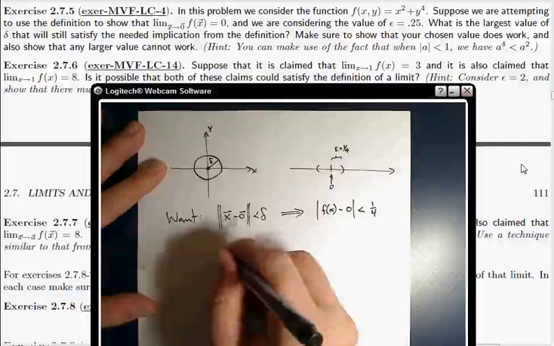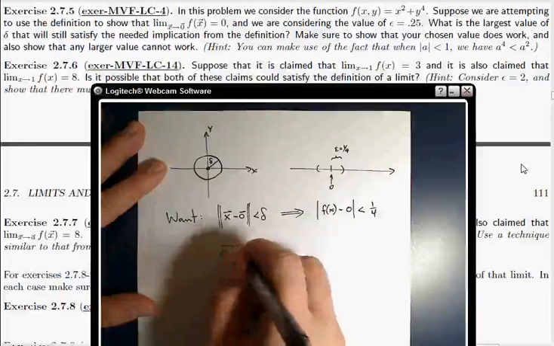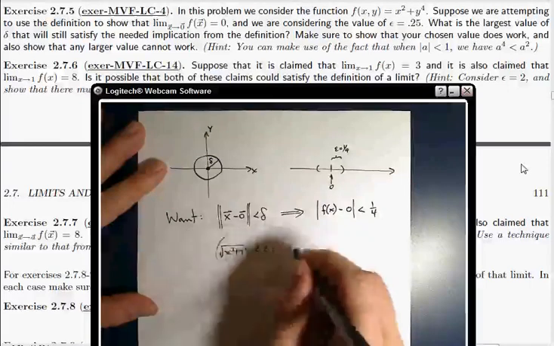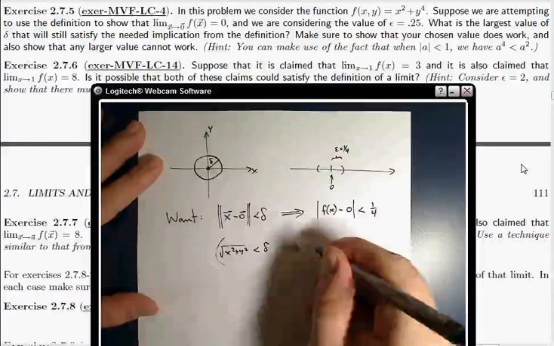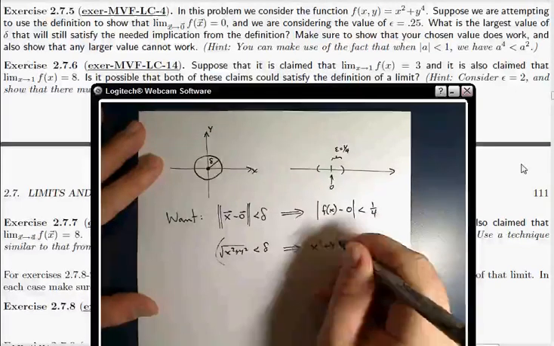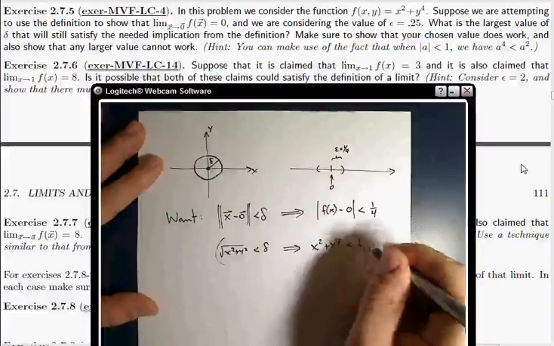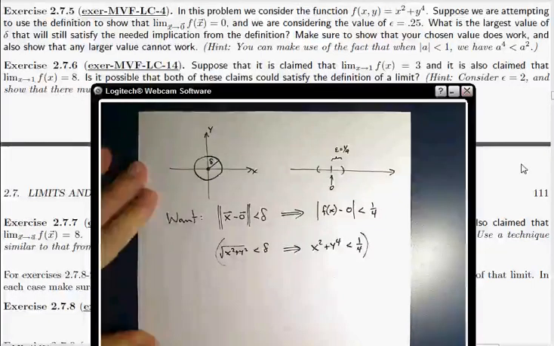In other words, when the square root of x squared plus y squared is less than delta, I want that to imply that the absolute value of f of x, namely x squared plus y to the fourth, is less than 1/4. So this is what I want to do. I'm going to figure out what delta is going to make this work.